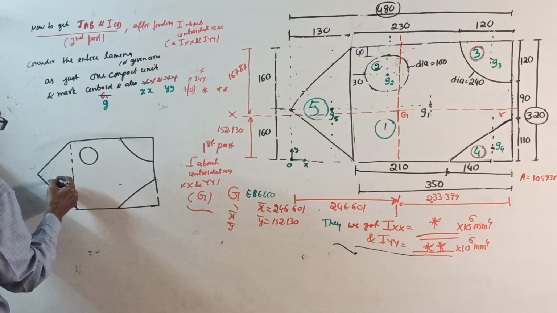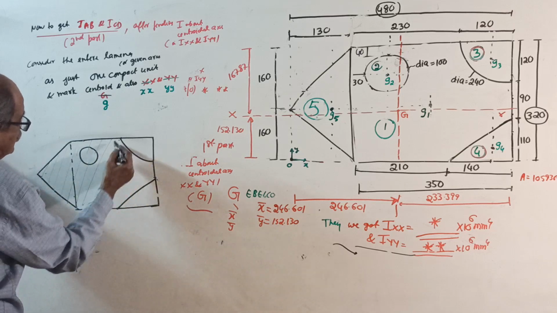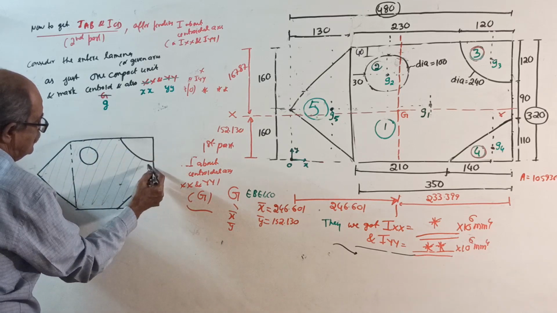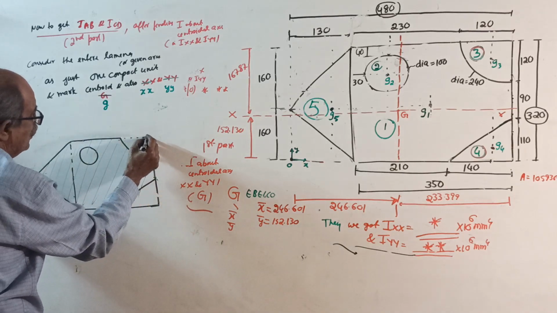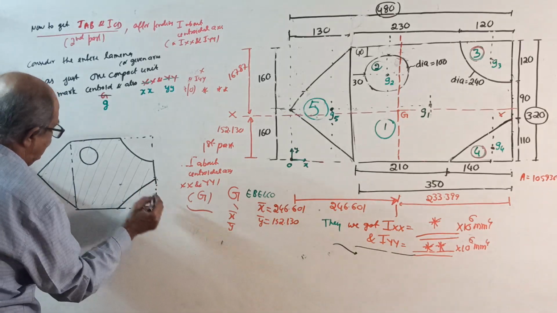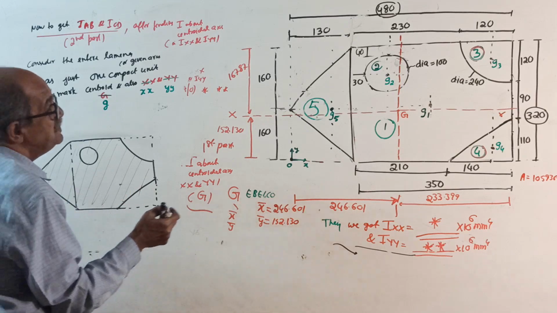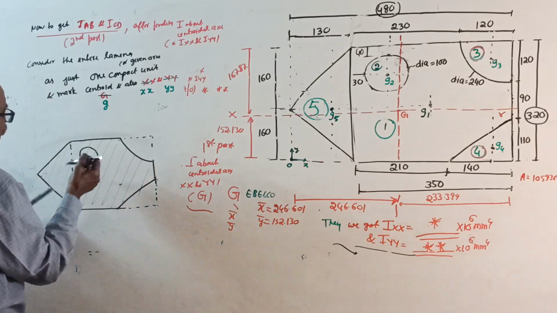See, this is the area. This is not there. Dotted line, this is not there. This also is not there. This way, and mark G. You know the G here. See, your XX, YY.